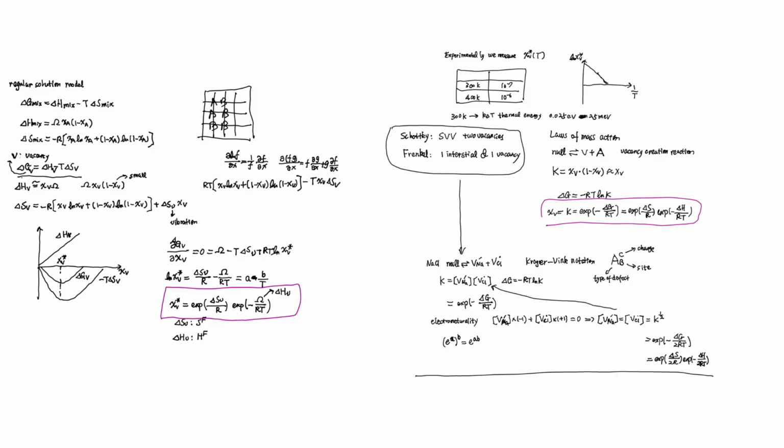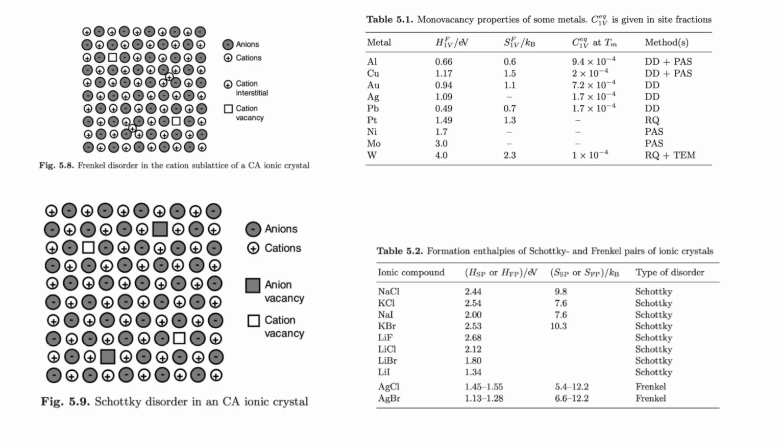So what does that mean? Let's look at the schematic here. So we have anions shaded and cations. So think about sodium chloride. We can have a perfect crystal, but again, for perfect crystals there's an entropy penalty.